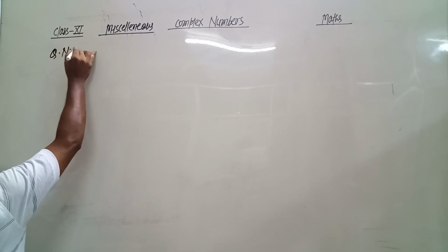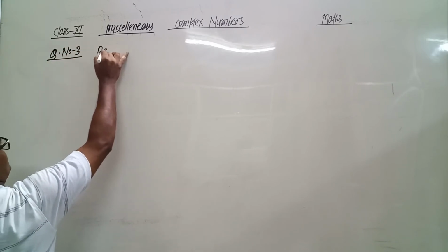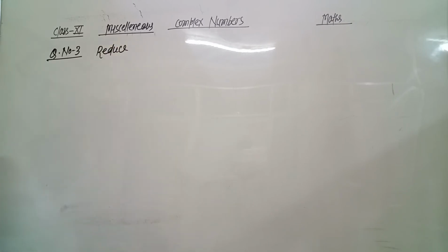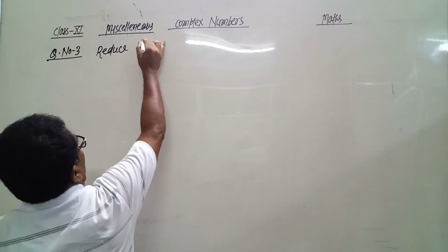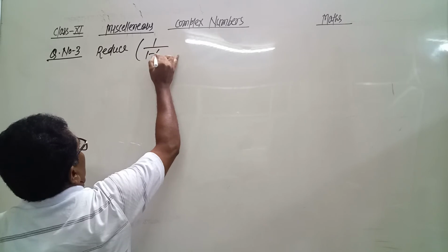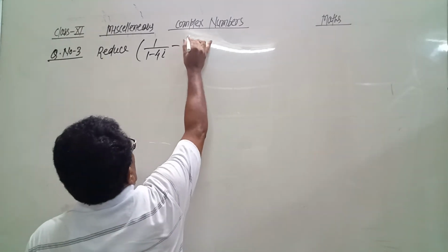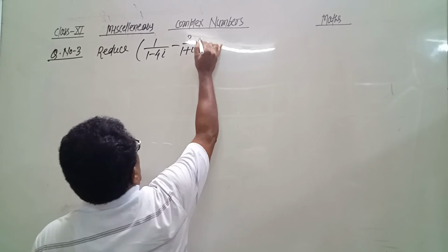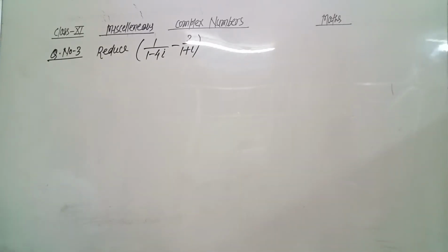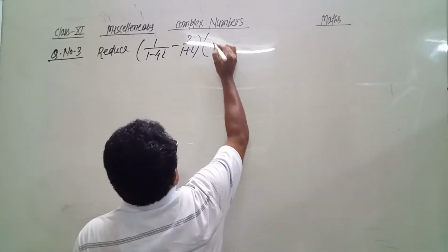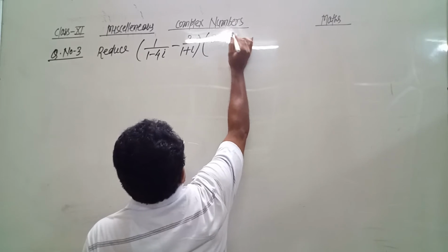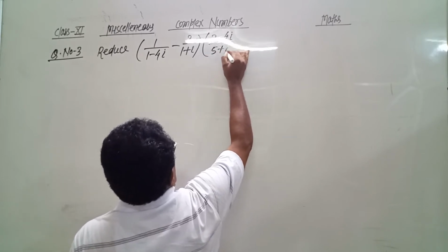Question number 3: reduce 1 upon 1 minus 4 iota, minus 2 upon 1 plus iota, into 3 minus 4 iota upon 5 plus iota.